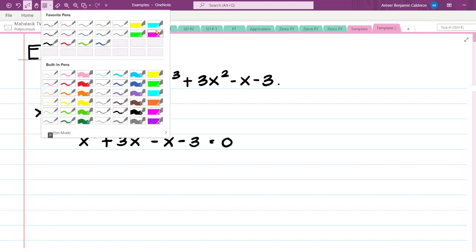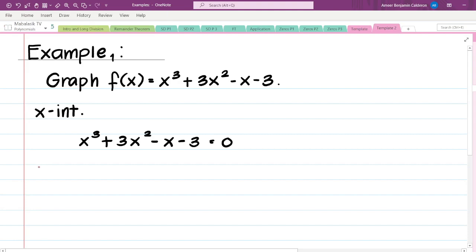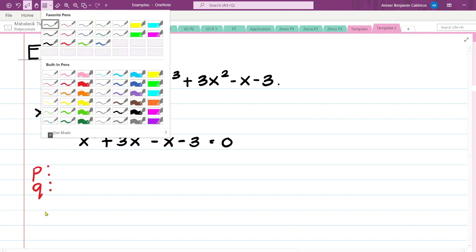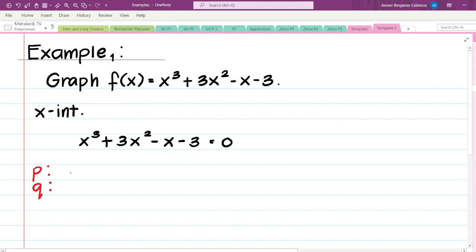To find the roots of this polynomial equation, we will have to use the rational zero theorem. So we have to identify p-values and q-values. The p-values are the factors of the constant term, so we have positive, negative 1, and positive, negative 3.